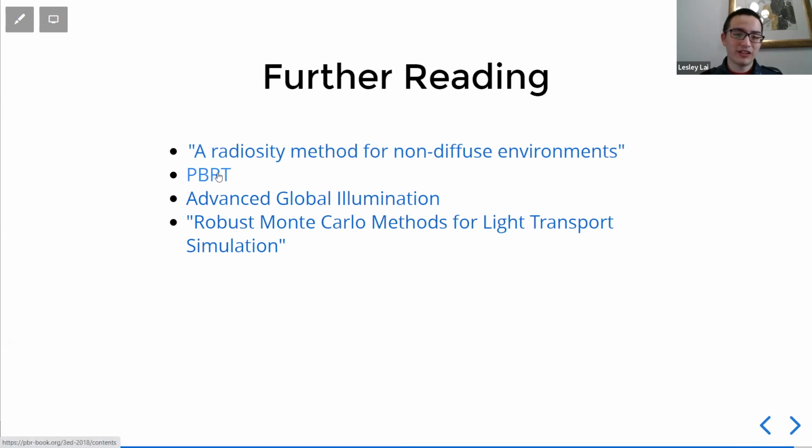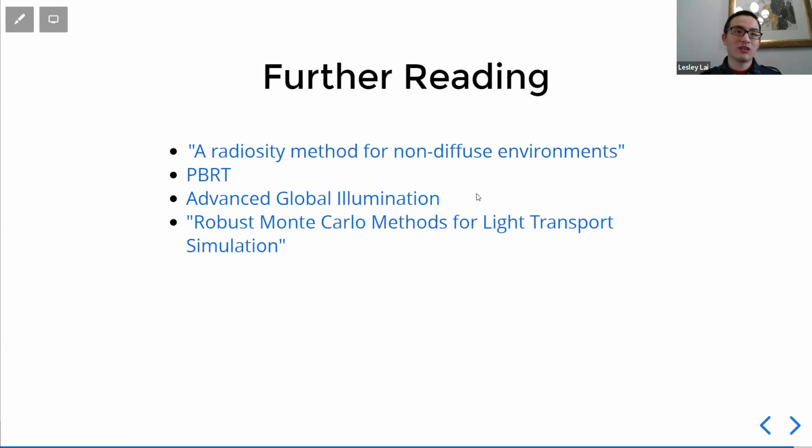We have PBRT. Of course, it talks about the rendering equation. We have this work called Advanced Global Illumination. Of course, it also talks about the rendering equation. We have this thesis called Robust Monte Carlo Methods for Light Transport Simulation.